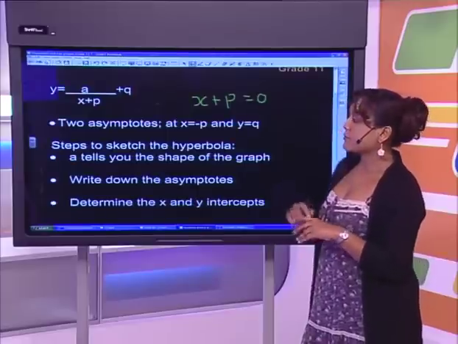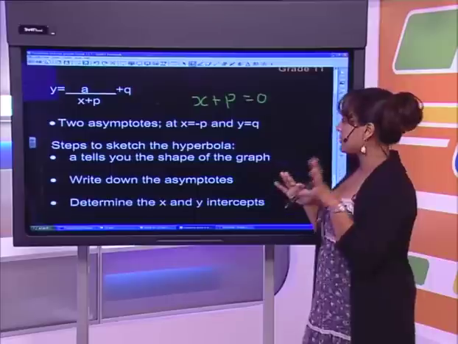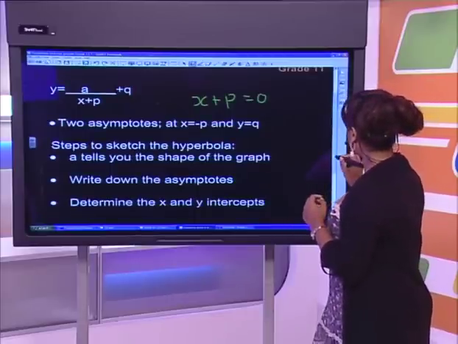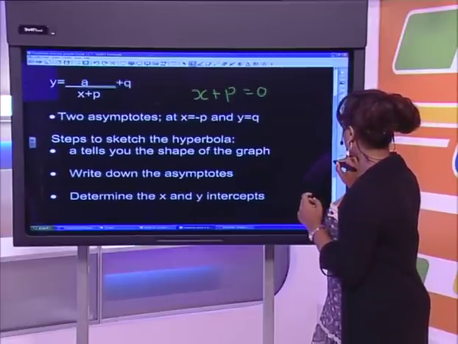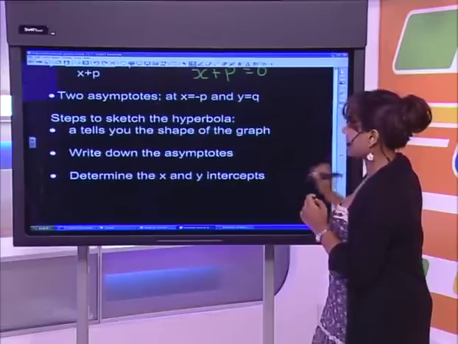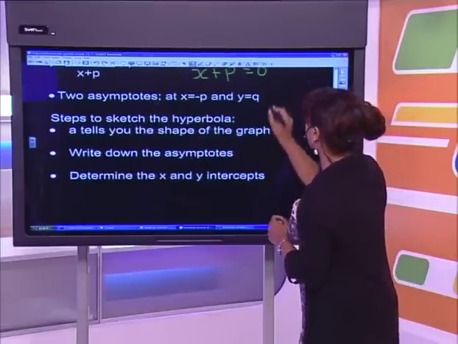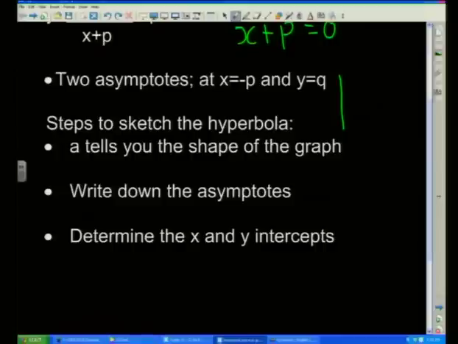All right, now before we go into steps to sketching a hyperbola, just to remind you of the two types of shapes you're looking at. And remember, the shape of a hyperbola is always determined by the value of a. So a tells you the shape of the graph. When a is positive, that is when a is greater than 0, you have a shape that looks like that.